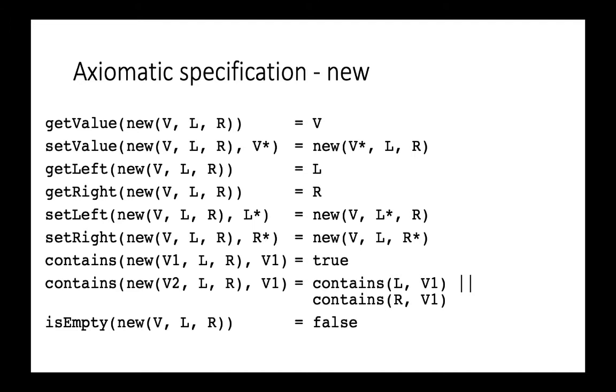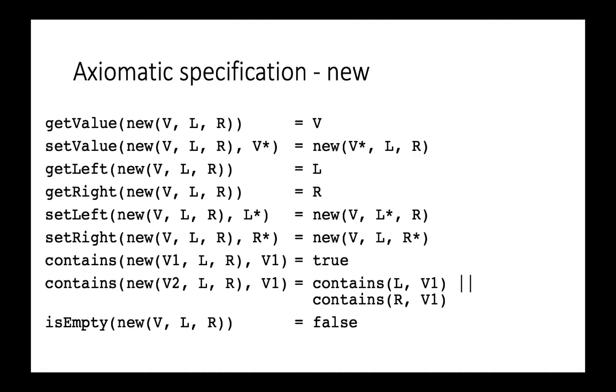If we set the value of a tree to be something new, v star, then that's the same thing as just creating that tree directly. We didn't have to, and so we're able to show that. And then, getting the left, setting the right, getting the right. All of these axioms are pretty easy to kind of see.